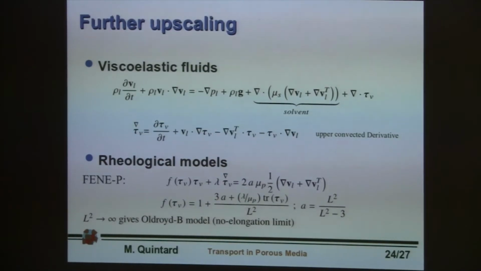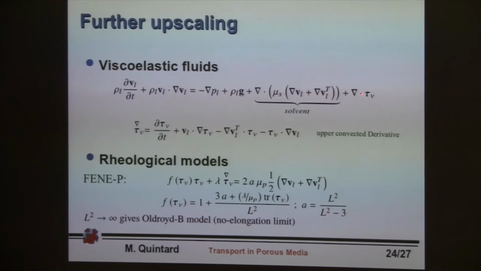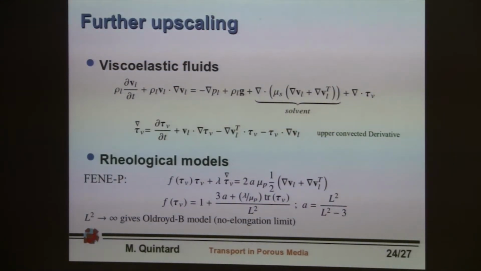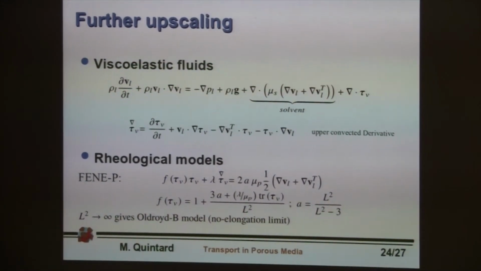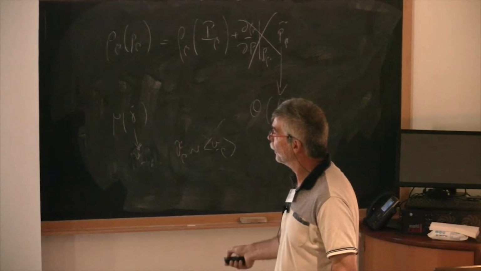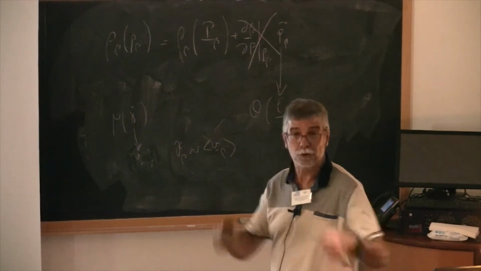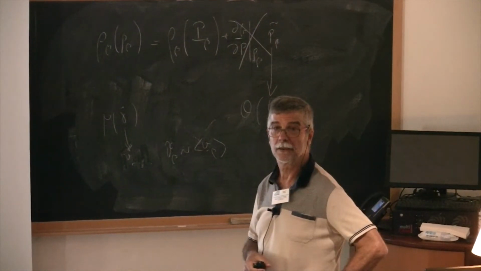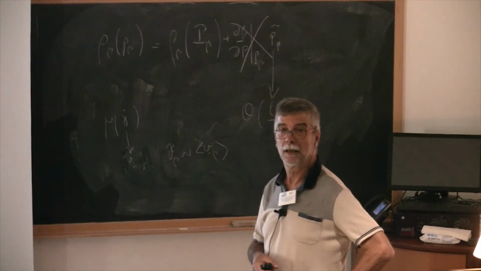So the behavior of that non-Newtonian part, the viscoelastic part, is actually quite complicated and depends on an evolution equation, quite complicated behavior that depends on the structure of your molecules and things like that. So it's the dynamics of the microstructure, basically.